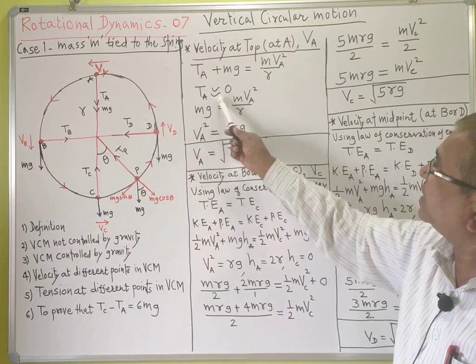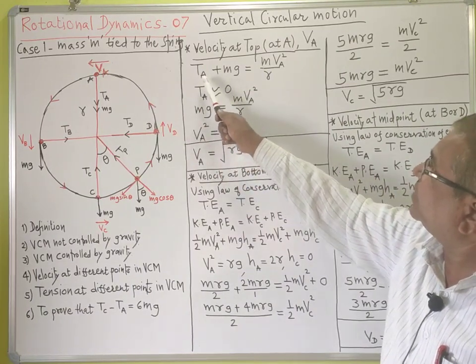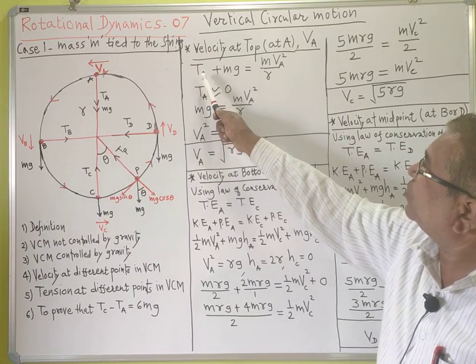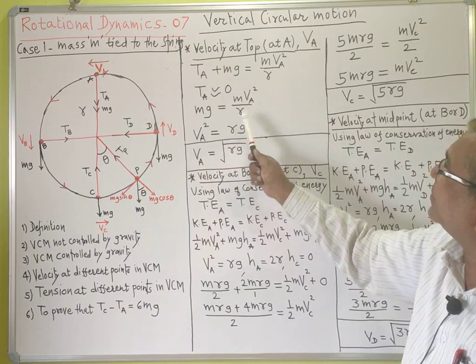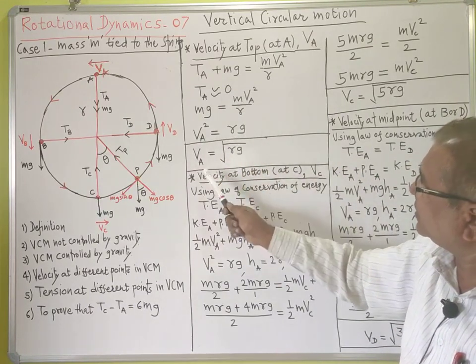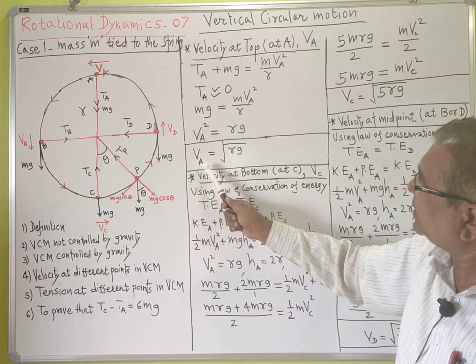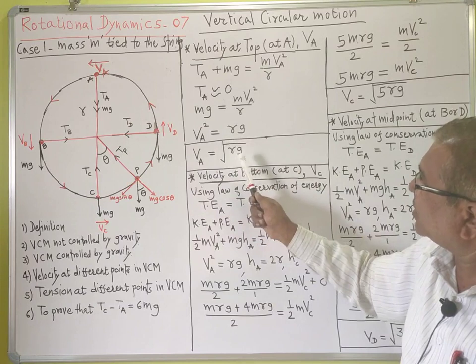When Ta is approximately equal to 0, by putting it here, we get mg equal to m Va square upon R. So Va square is equal to Rg, and by taking the square root, Va is equal to square root of Rg.